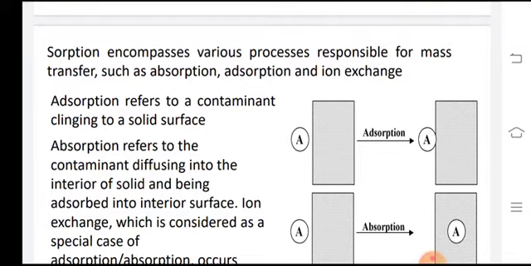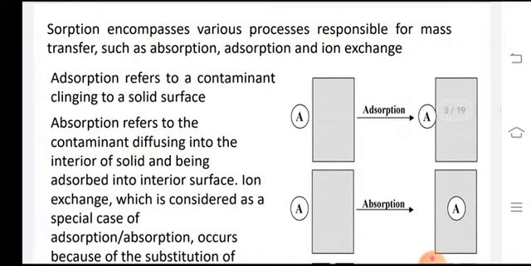Mass transfer is normally conducted by absorption, adsorption, and ion exchange. Adsorption refers to a contaminant clinging to a solid surface. Absorption refers to the contaminant diffusing into the interior of the solid and being adsorbed onto the interior surface.